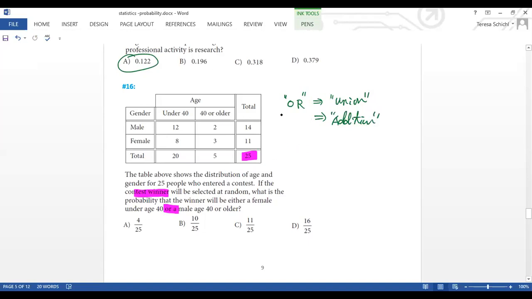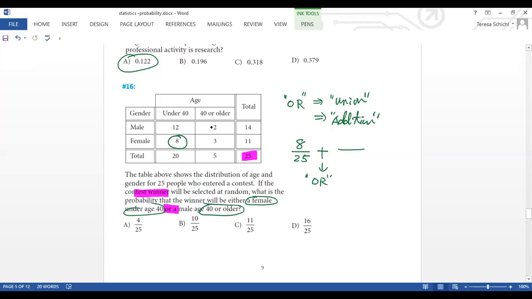Okay, so let's take a look. Overall, it's 25. The first one here is female under 40. Female under 40 is 8. Or, so we add, and the male who is 40 or older.